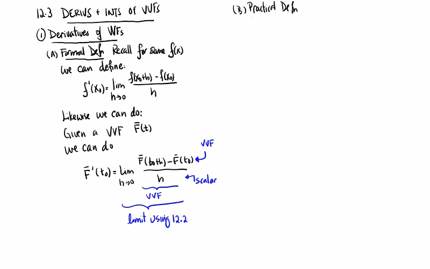The practical definition is simply you take the derivatives of the individual functions, or the components if you like. So for a vector-valued function, capital F of t, we calculate capital F prime of t by taking the derivatives of the components.